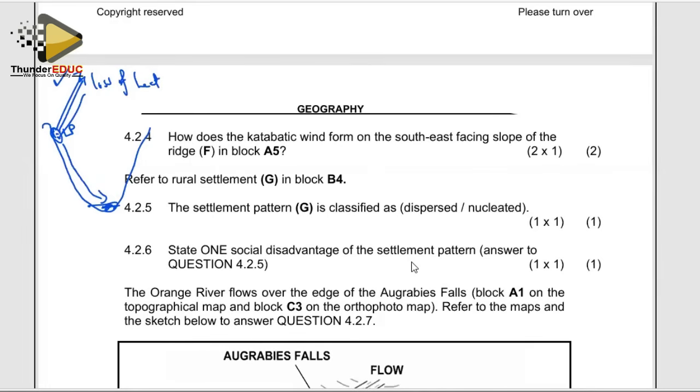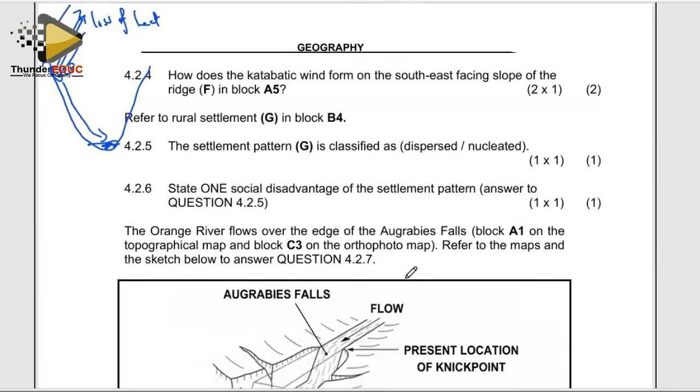One is because of excessive loss of heat from the valley sides at night due to terrestrial radiation. And as a result of long wave radiation, the air immediately above that particular surface is going to get excessively cold. It becomes heavier and it goes down the slope because of gravity and forms a katabatic wind, which ultimately brings very cold conditions in the valley floor.